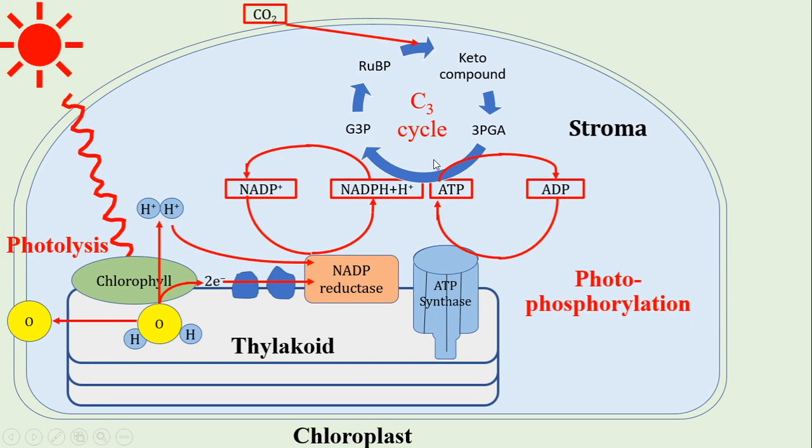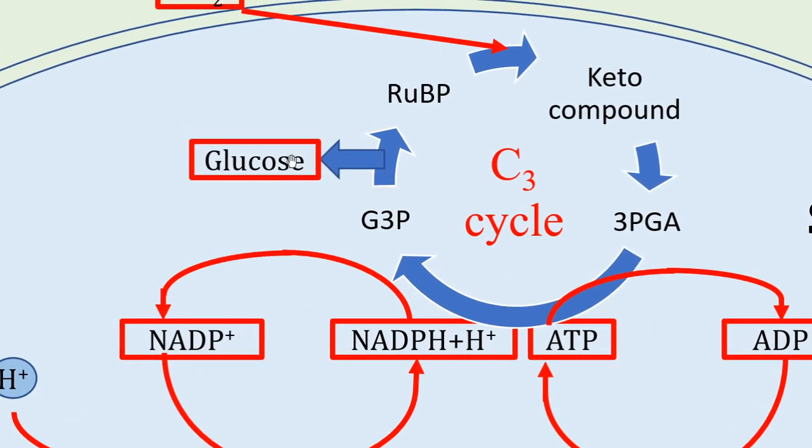So the ATP and NADPH serve the necessary energy to produce G3P, and by releasing the necessary chemical energy they convert again into adenosine diphosphate and NADP plus. And again this G3P recycles to produce RuBP, but during this recycling process one molecule of glucose is produced.